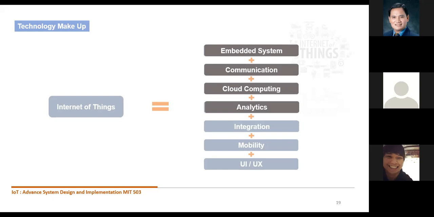It's cloud or on-premises, like Azure, then analytics. These are where the algorithm takes place. Integration. An integration example is API. Then mobility.